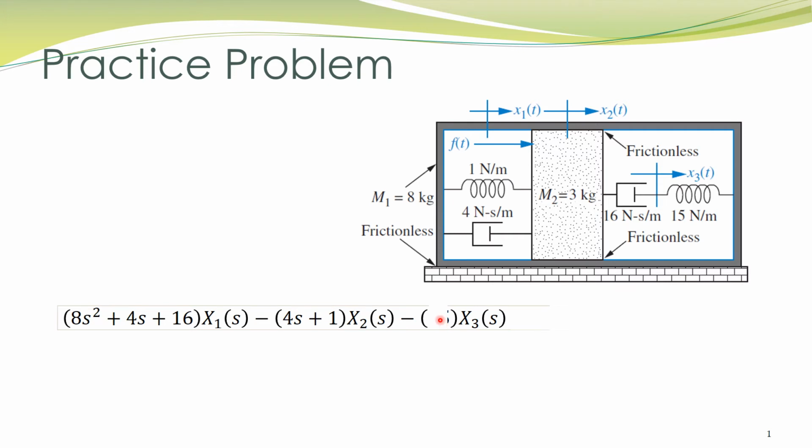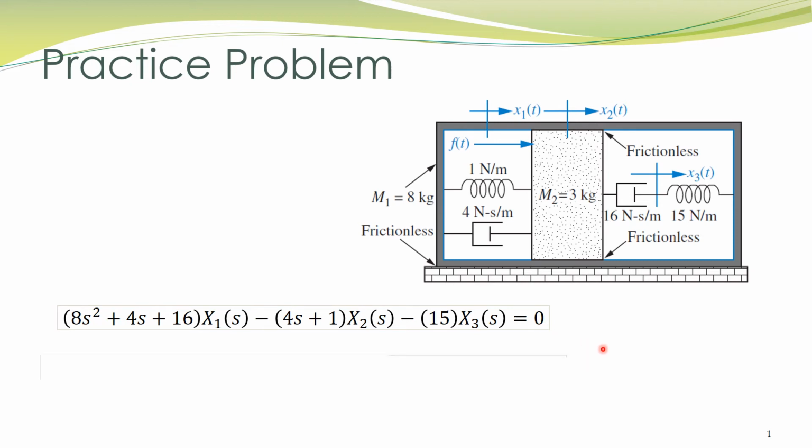So we shall have here the sum of impedances which are common between displacement x1 and x3, which is 15 in this case. The right hand side of this equation will be the sum of the external forces which are directly applied to this structure, which in this case is 0.